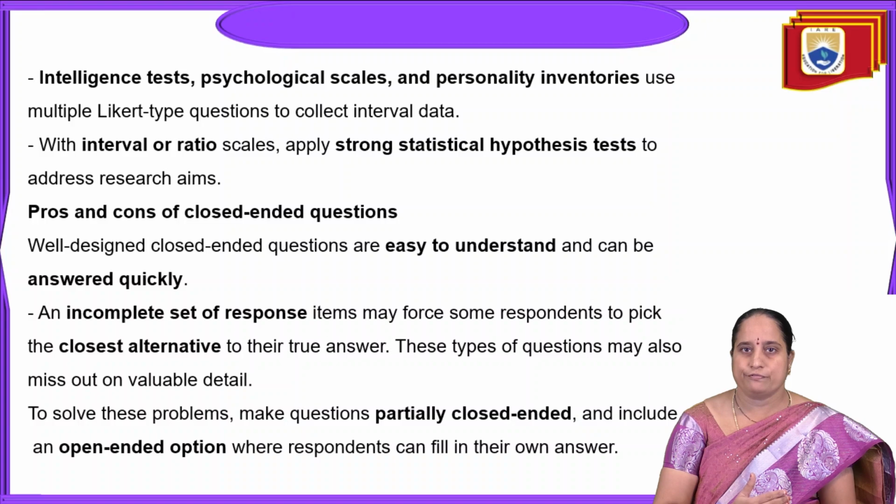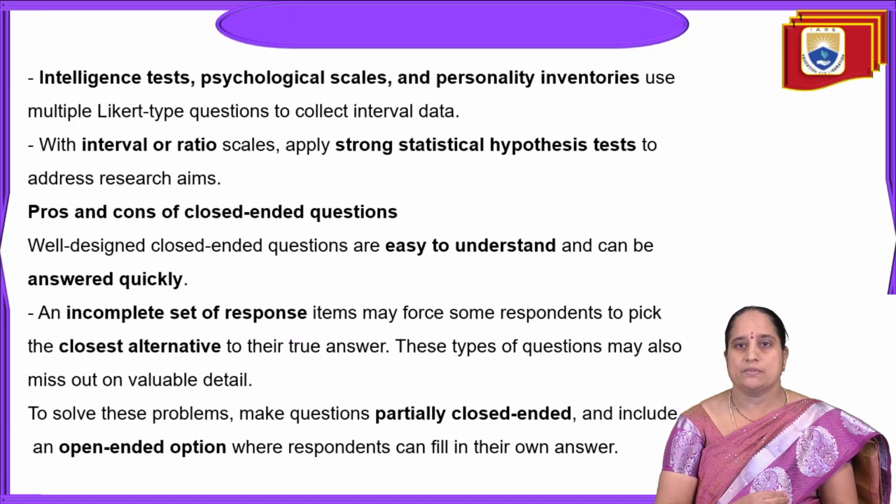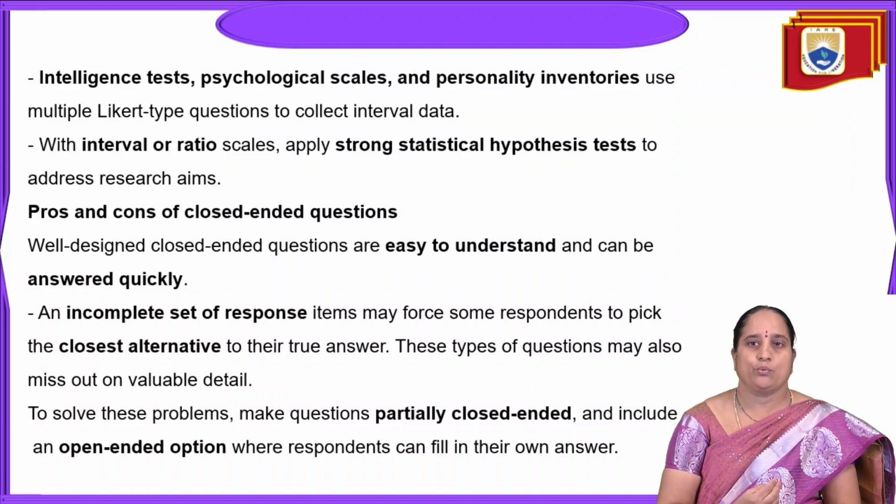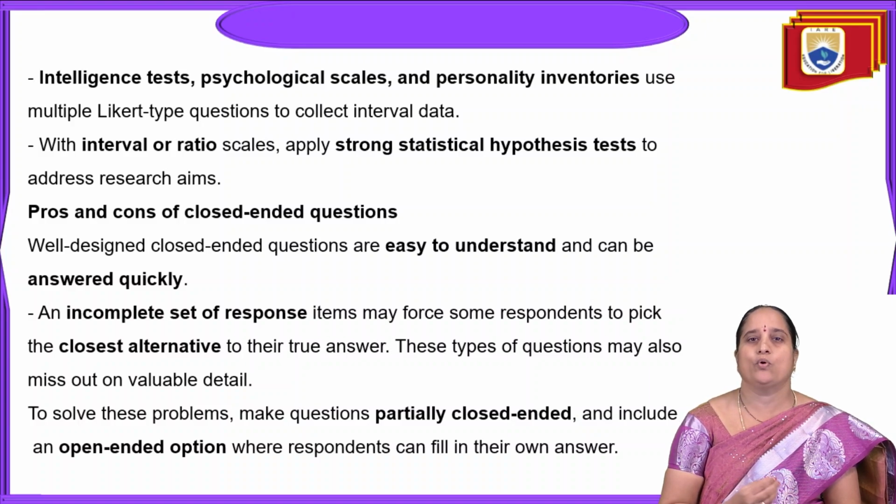An incomplete set of responses may force some respondents to pick the closest alternative to their true answer. These types of questions may also miss out valuable detail. What exactly the researcher wants to collect from you, they may miss. To solve these kinds of problems, the researcher makes questions partially closed-ended, which also include some open-ended option where respondents can fill in their own answer.